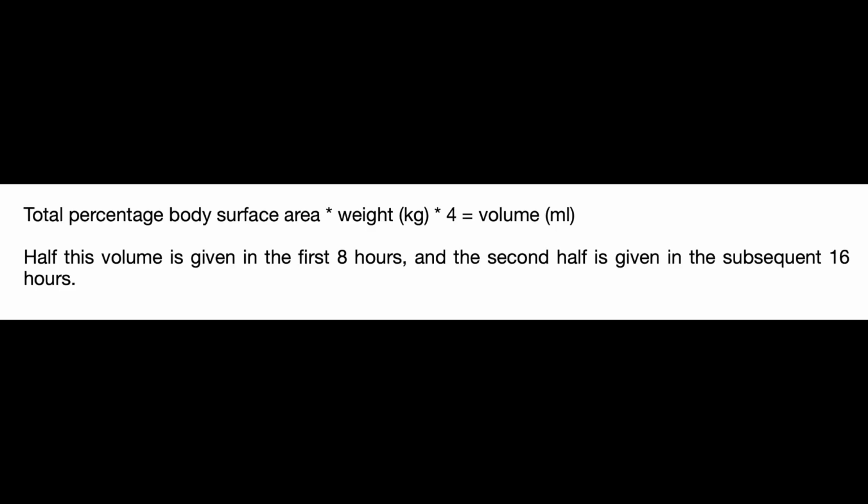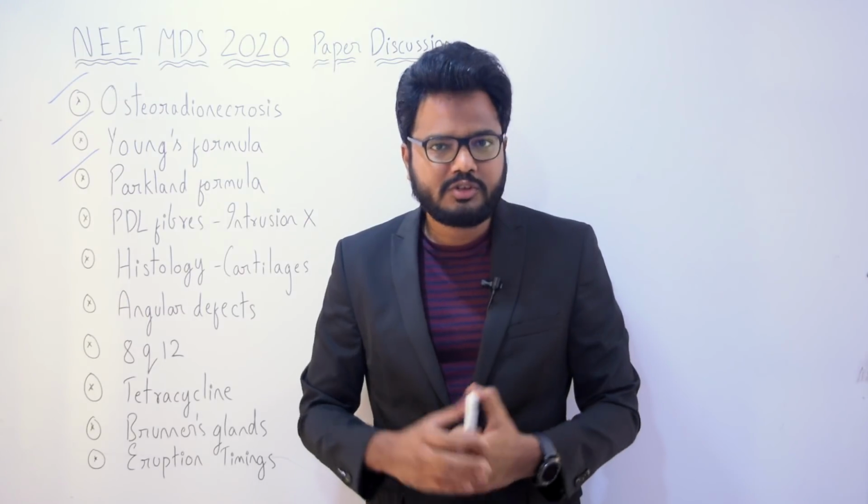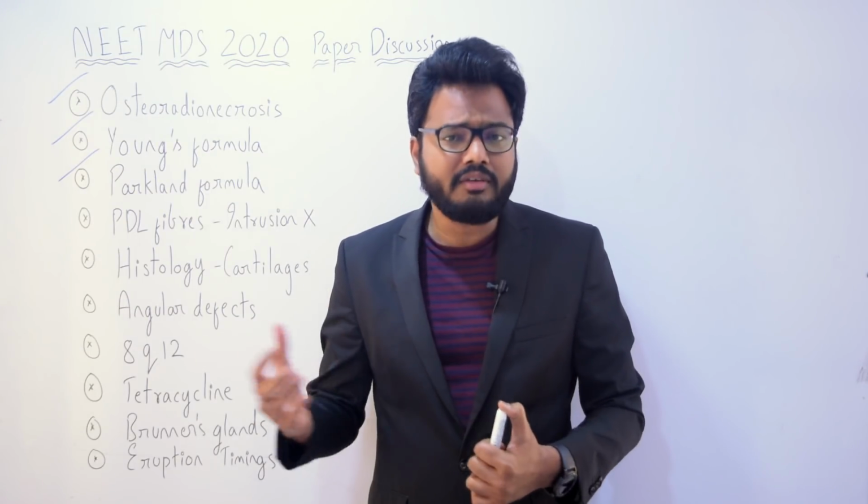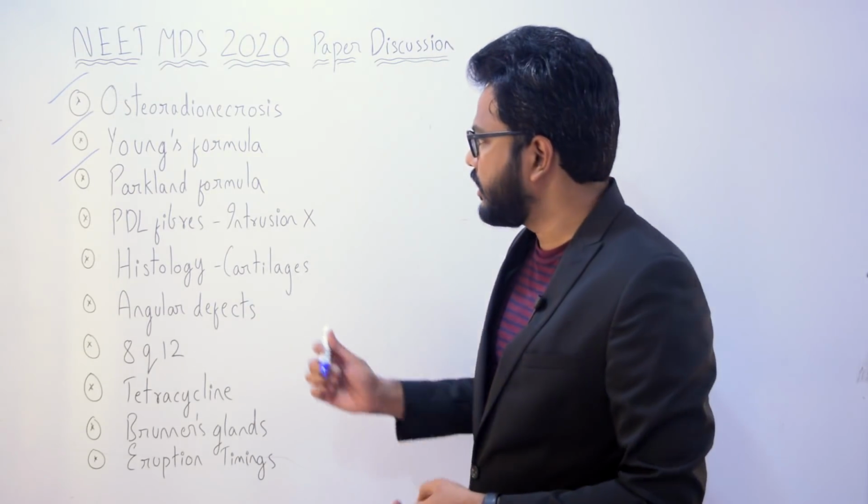It calculates the fluid to be replaced in the first 24 hours by the following: total percentage body surface area multiplied by weight in kgs multiplied by 4, which gives us the volume that has to be resuscitated in the burns patient. Half of this volume is to be given in the first 8 hours and the second half is given in the subsequent 16 hours, which we discussed in our study club way back, right? So this is about Parkland's formula.